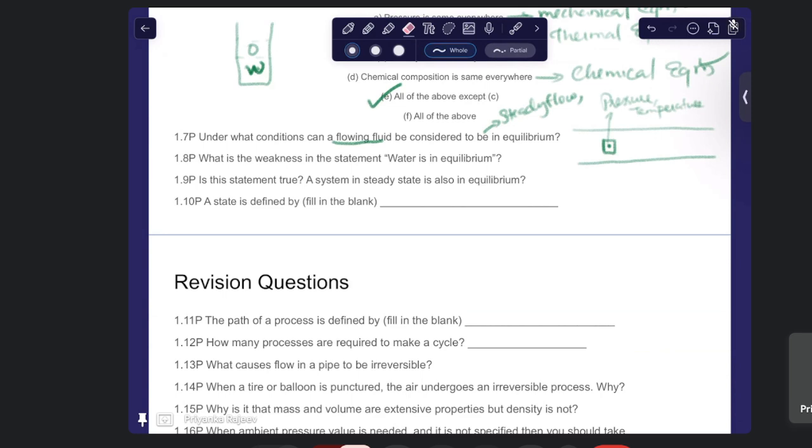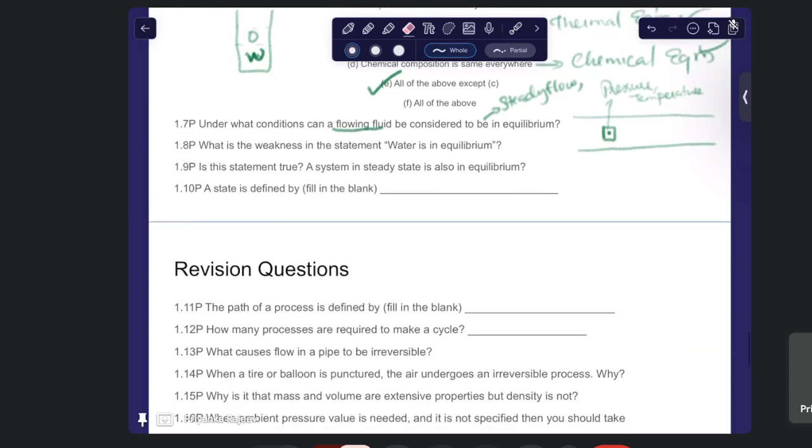Okay, now 1.9. Is this statement true? A system in steady state is also in equilibrium. It is not. Why? Because steady state means there is no property change at a given location with respect to time. But there could still be heat flowing.